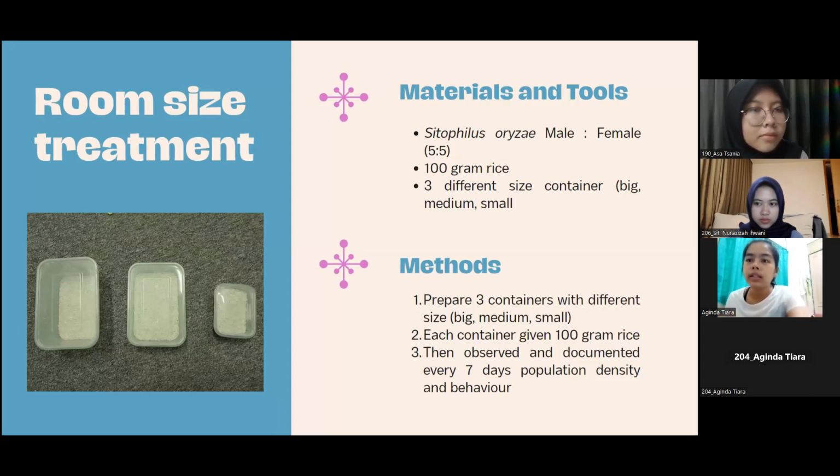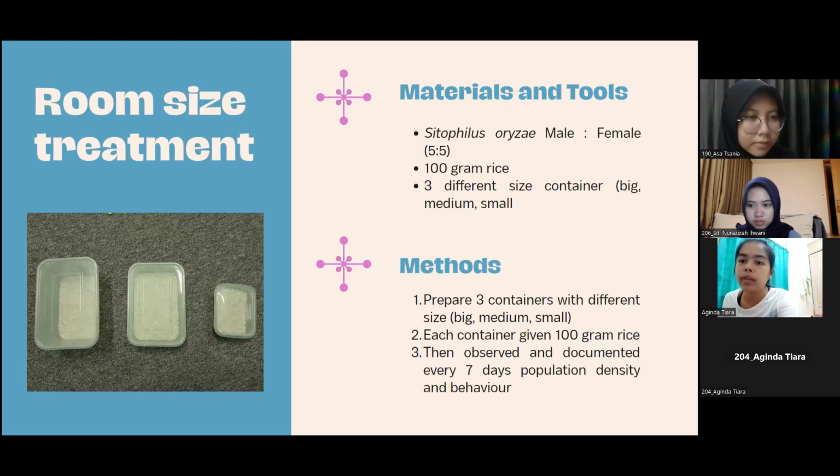The materials and tools that we use in this project are Sitophilus oryzae, five male and five female in each container, 100 grams of rice, and three different sizes of container. There are big, medium, and small sizes.